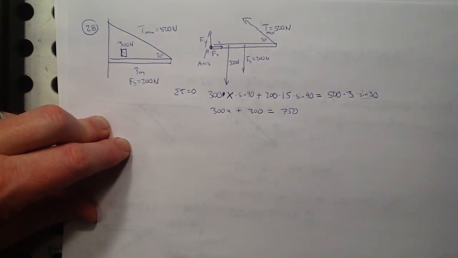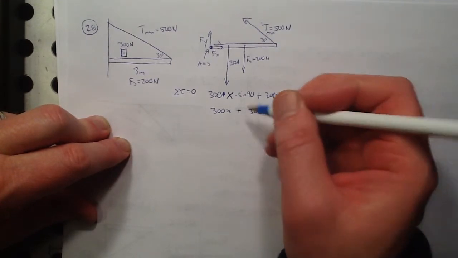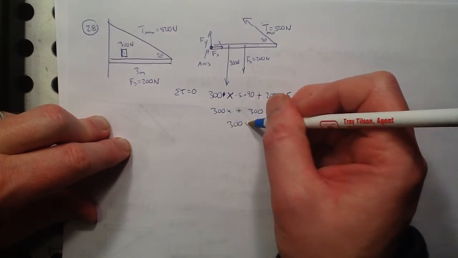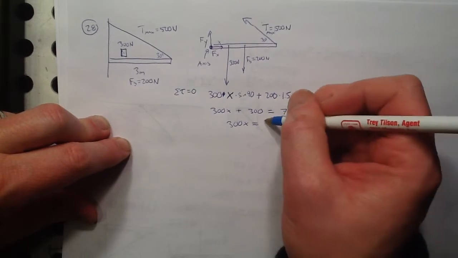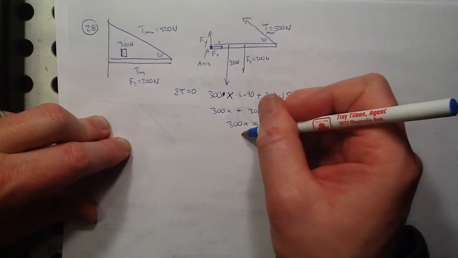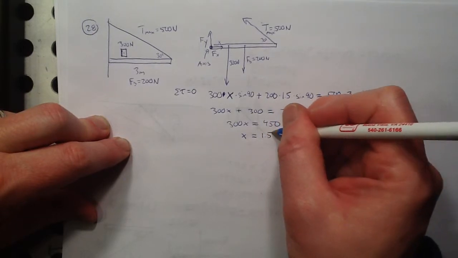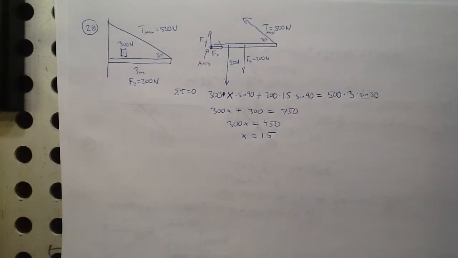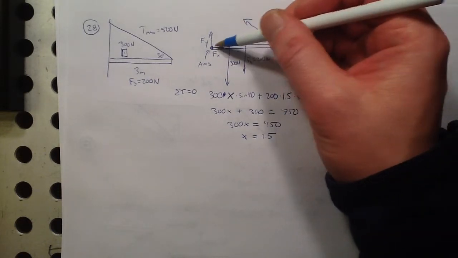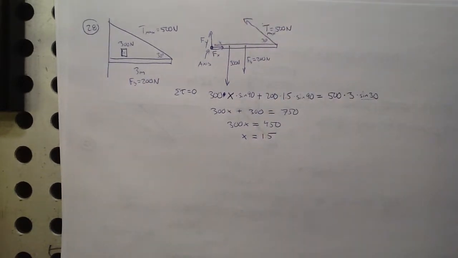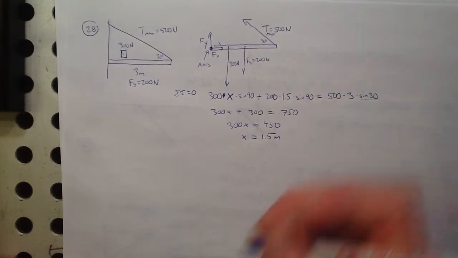So that all boils down to that, and that means that 300x is equal to 450, which means that x is equal to 1.5. So that means that the maximum distance that that block could be placed is actually right in the middle of the bar. Right?